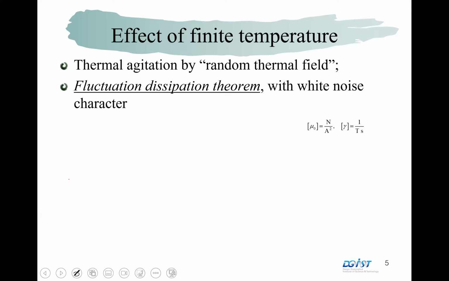Room temperature, do you think it is a high temperature or a low temperature? As I mentioned, when we talk about some quantity in physics, we always think relatively. Room temperature is much higher than, let's say, 5 Kelvin or 4 Kelvin.